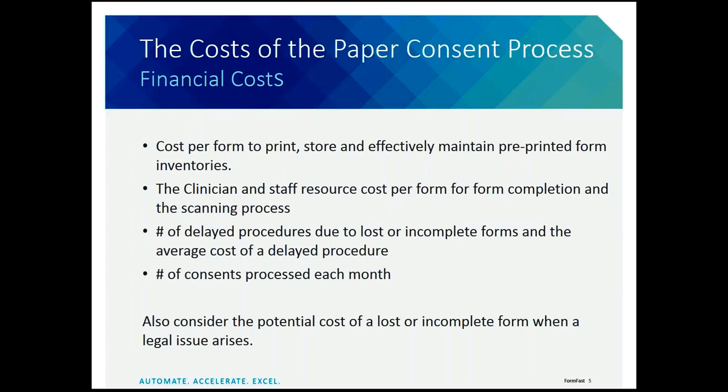Consider the potential cost of a lost or incomplete form when a legal issue arises. It only takes one to cause a pretty significant issue to be missing. I talked recently to an organization, and they were missing one form, and they were looking everywhere for that one form. It was all about that one form.